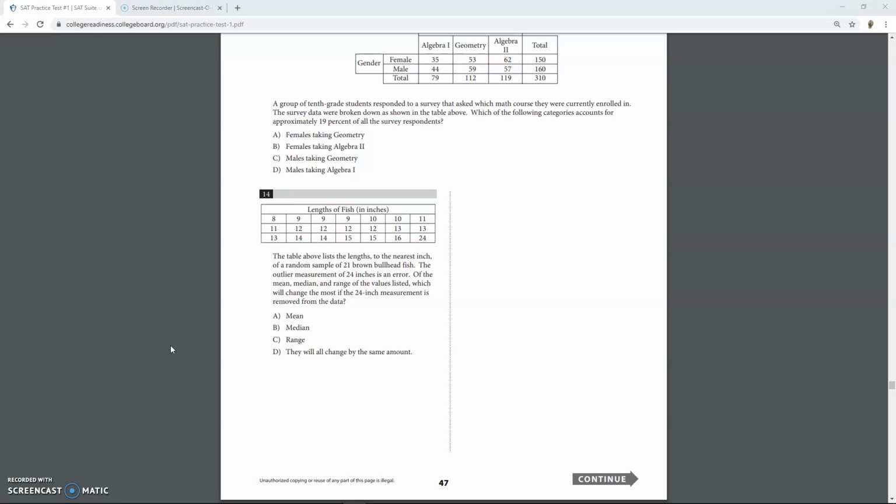However, the median won't change much because there are 21 samples, which will not be shifted too much if we take just one out. And so the mean will also not change too much because the numbers are around 8 to 24 and that adds up to a pretty big number, and taking out the 24 won't affect it too much. This means the one that will be changed the most will be the range.